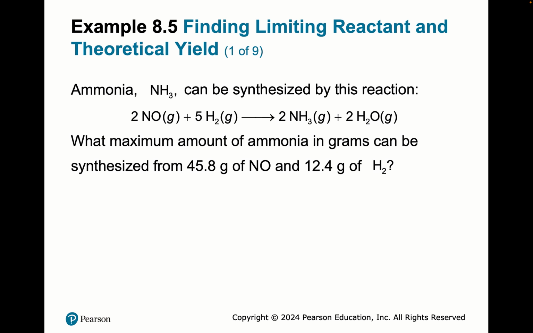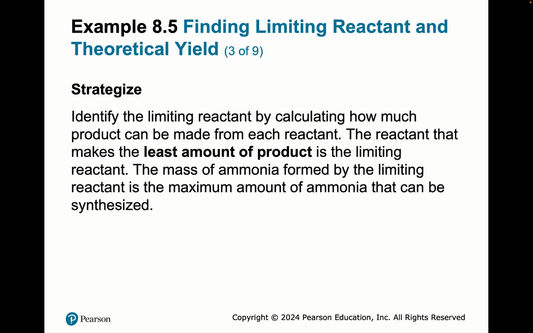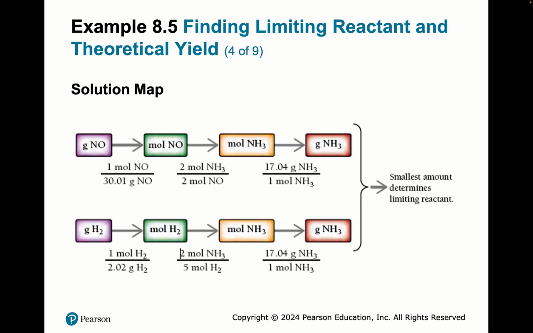So it's a tough one because of the 2-to-5 molar ratio. We'll see. We got these two here, the molecular weights of nitrogen monoxide and hydrogen. And we have to find the limiting reagent, and we pick the one that's lowest.